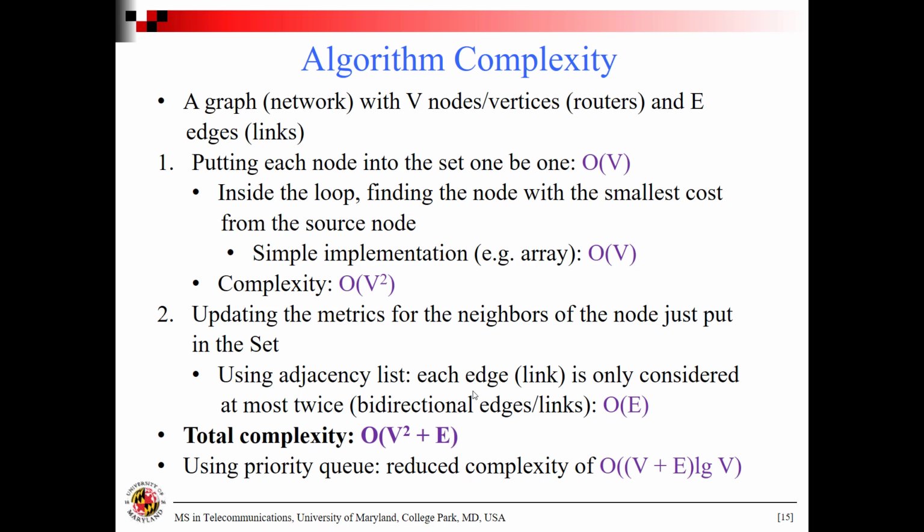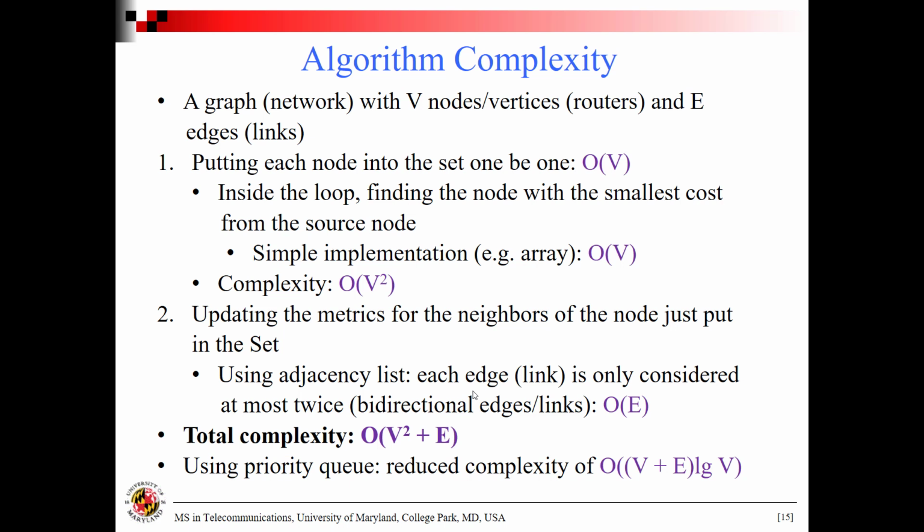So the point is the total amount of work you have to do, even though you loop through that particular section of the algorithm V times, is still just proportional to the number of edges. Whether it's double or not, like I said, depends on what you consider an edge to be, whether it's one directional or bidirectional.